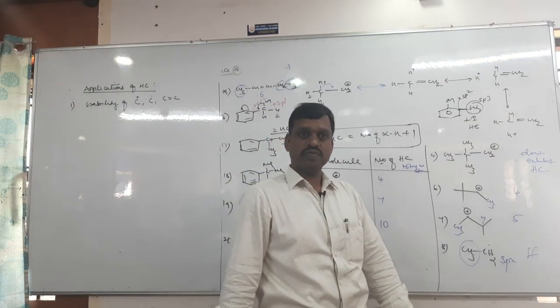So there are 2 applications. Those 2 applications we have already studied, but once again we will take an example. 1, stability of carbocation, free radical, alkene. So we can explain the stability of carbocation, the stability of free radical, and even the stability of alkene based on hyperconjugation.